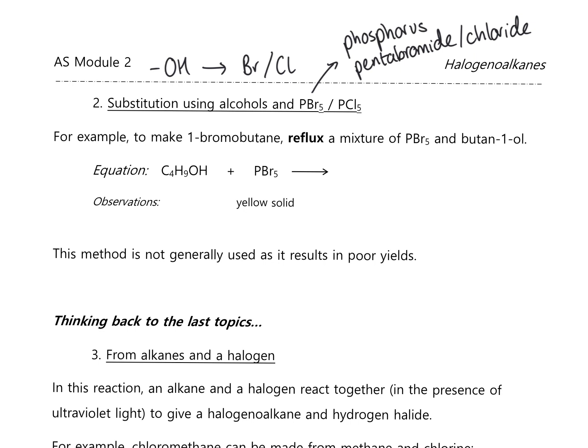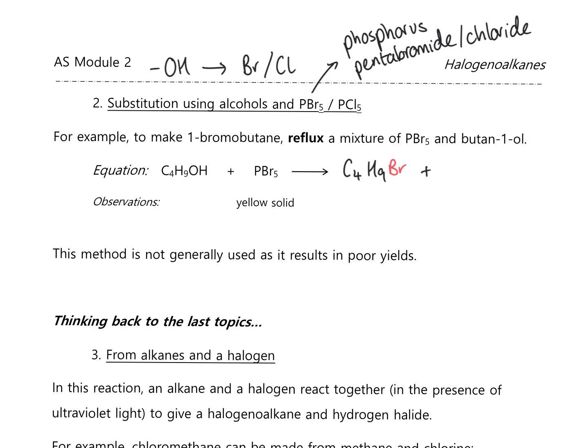So what happens when phosphorus pentabromide, for example, reacts with butan-1-ol? Well, essentially the OH group is swapped for a Br, as you can see in the formula that I've just written, and that is 1-bromobutane.